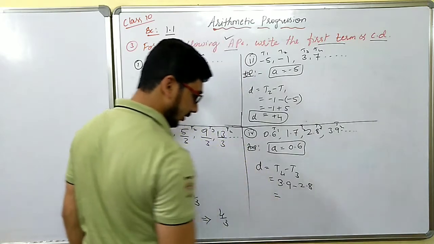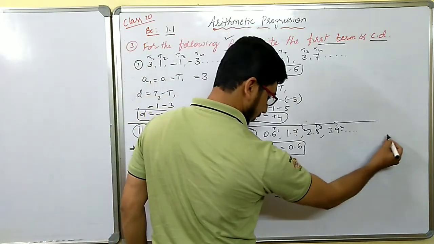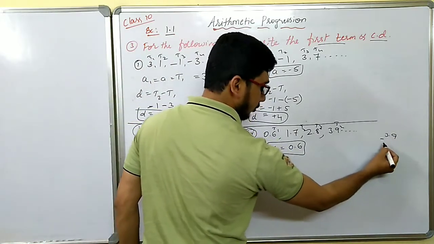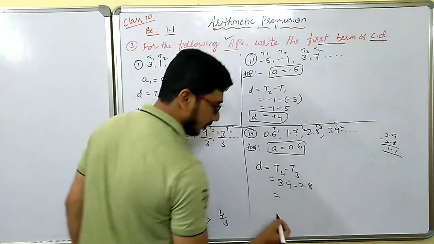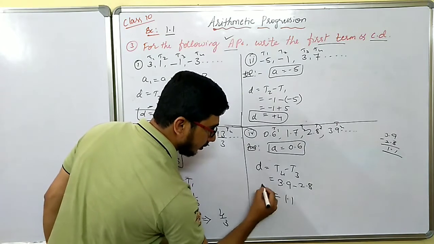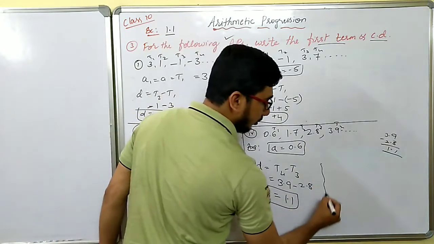So separately I'll do it here. 3.9 minus 2.8 is 1.1. That is positive only. 1.1 is the difference.